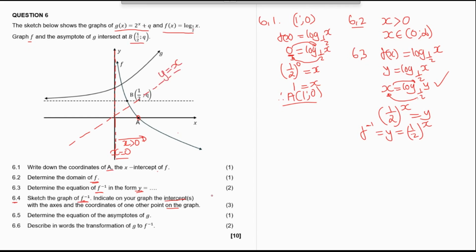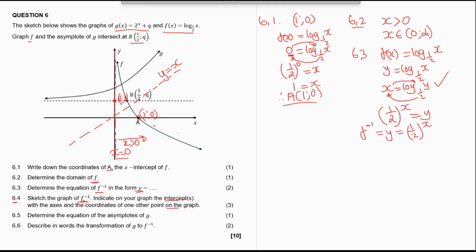That's how the graph is going to be reflected. This point is (1, 0), so for the inverse we're going to have (0, 1). Just know that x becomes y and y becomes x. So interchange x and y. So now we have (0, 1).